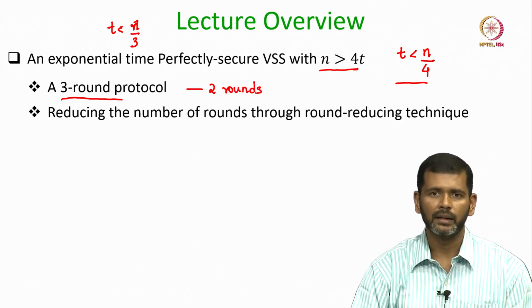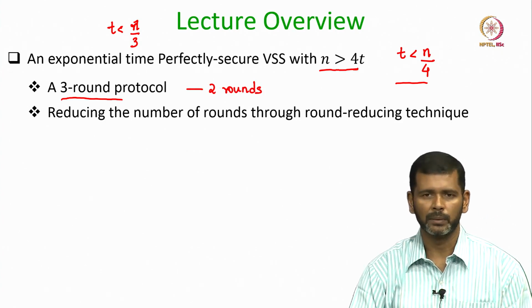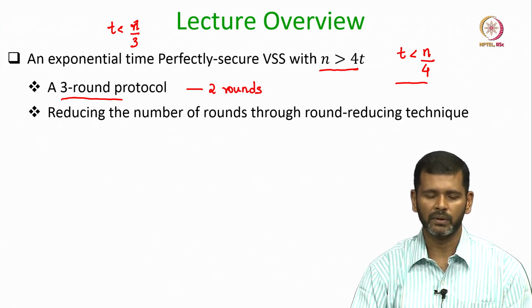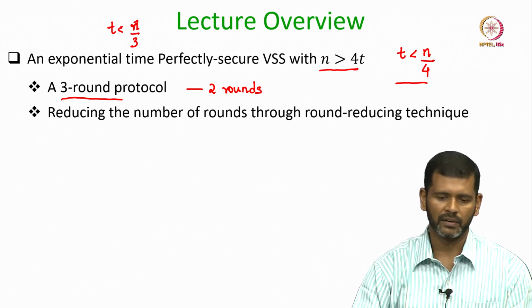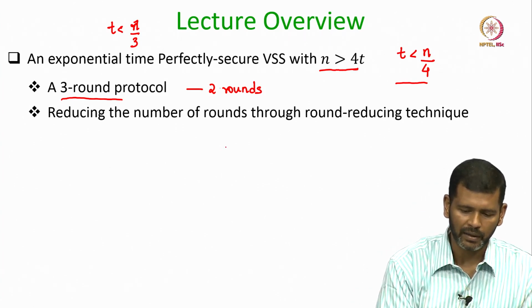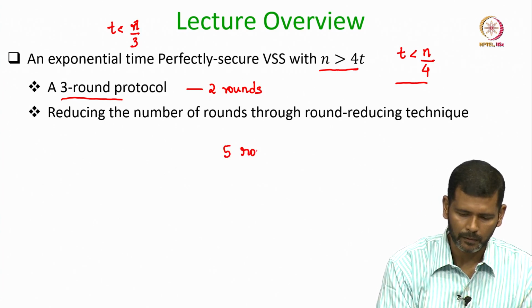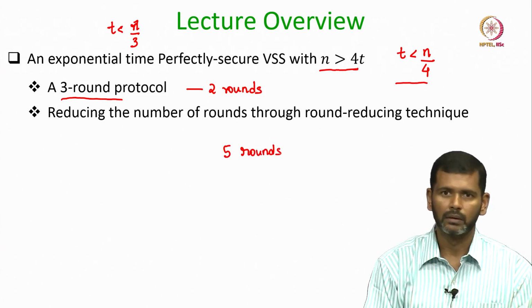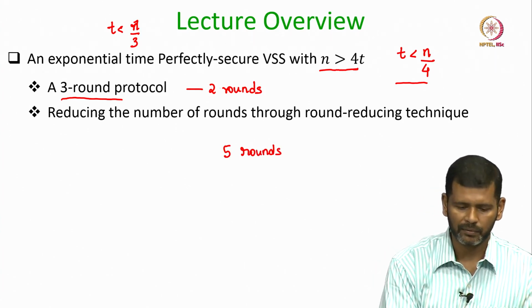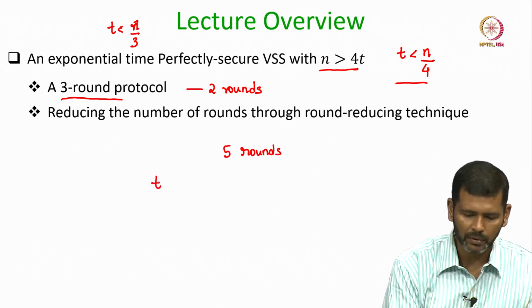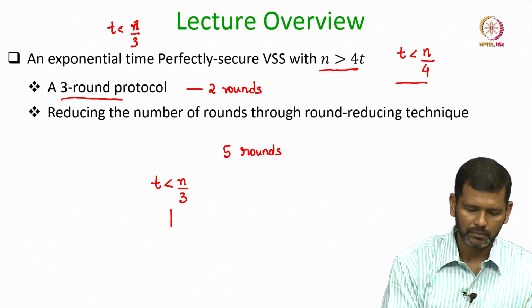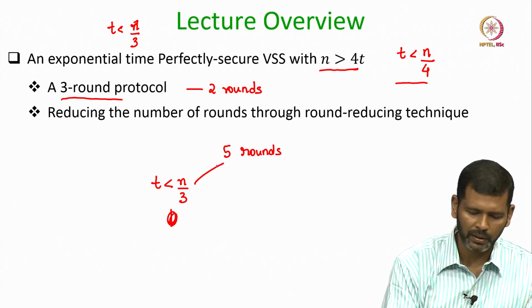And this is clearly an improvement over the previous verifiable secret sharing scheme, because in the previous VSS scheme the number of rounds was 5. So, you can see that you have a trade off. If you want to tolerate more corruptions, namely t less than n over 3, then the protocol required 5 rounds.